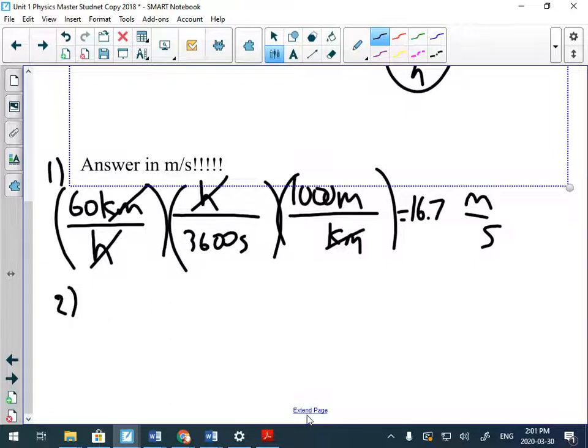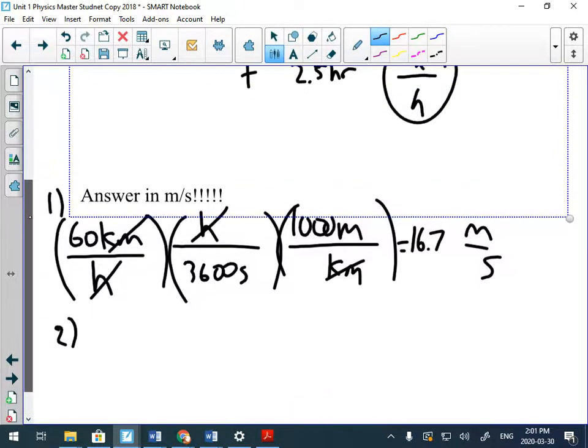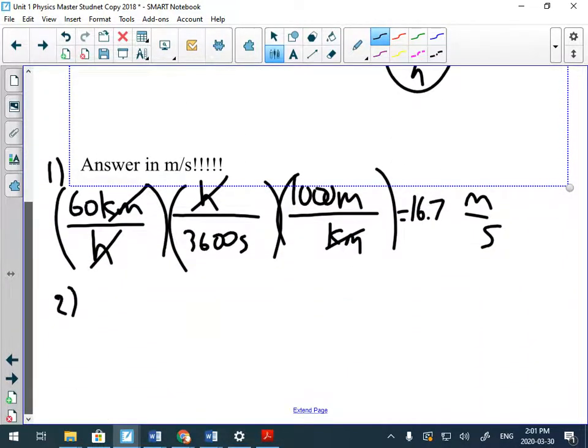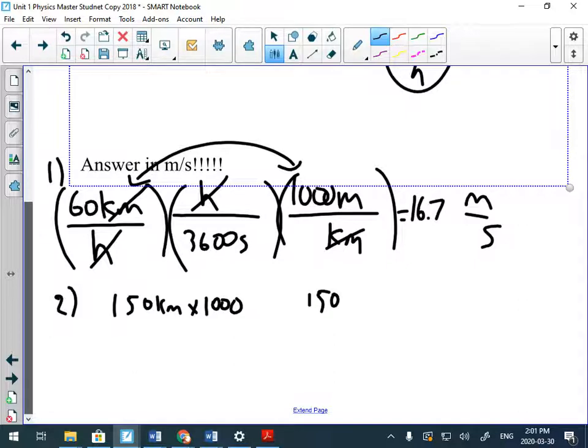Now, the other way you could do is you could go back up to the original problem and say, oh, I could just convert 150 kilometers into meters by timesing it by 1,000. And look, that's kind of what we were doing to the kilometer function. 150 times 1,000, it's a really big number, 150,000 meters.